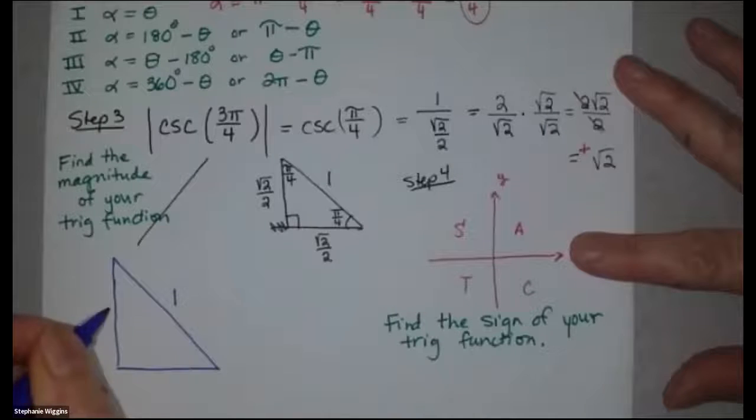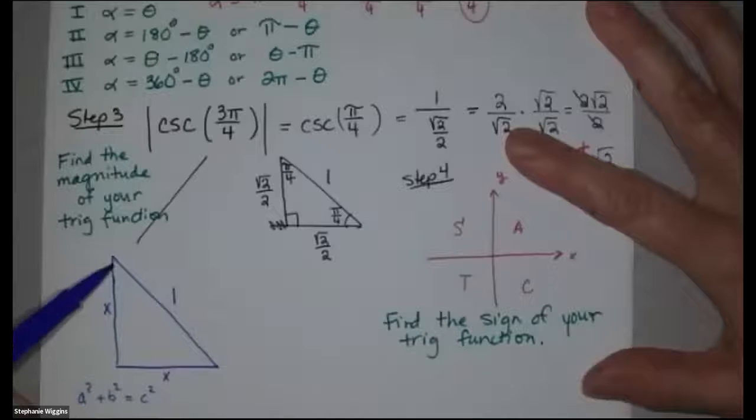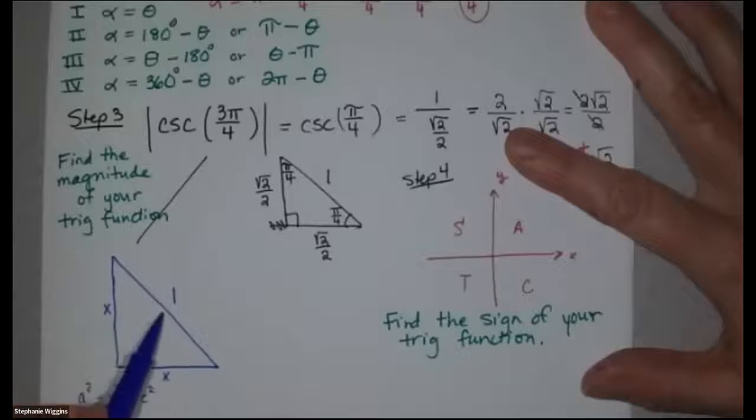So if this is x and this is x, then the Pythagorean theorem says a squared plus b squared equals c squared. Using this formula, this length is a, so that's x squared. This length is x, and that's the b, so that's x squared. And c is equal to 1.